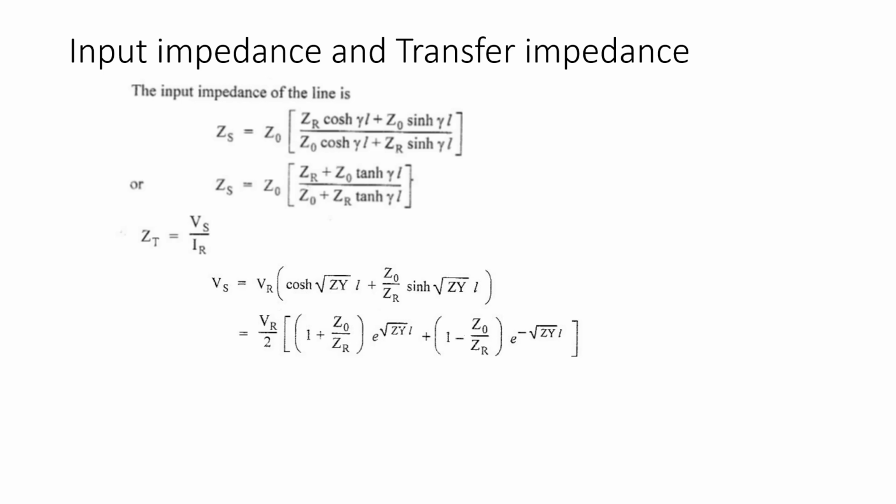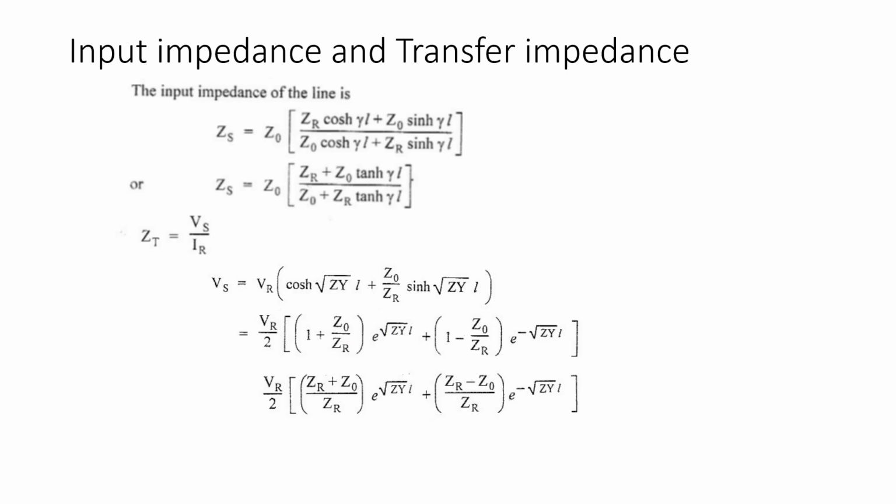So cosh root ZY into L is written as (e power root ZY into L plus e power minus root ZY into L) by 2, and sinh root ZY into L is (e power root ZY into L minus e power minus root ZY into L) by 2. Then we group the e power plus root ZY into L terms and e power minus root ZY into L terms separately. Then the equation comes like this.